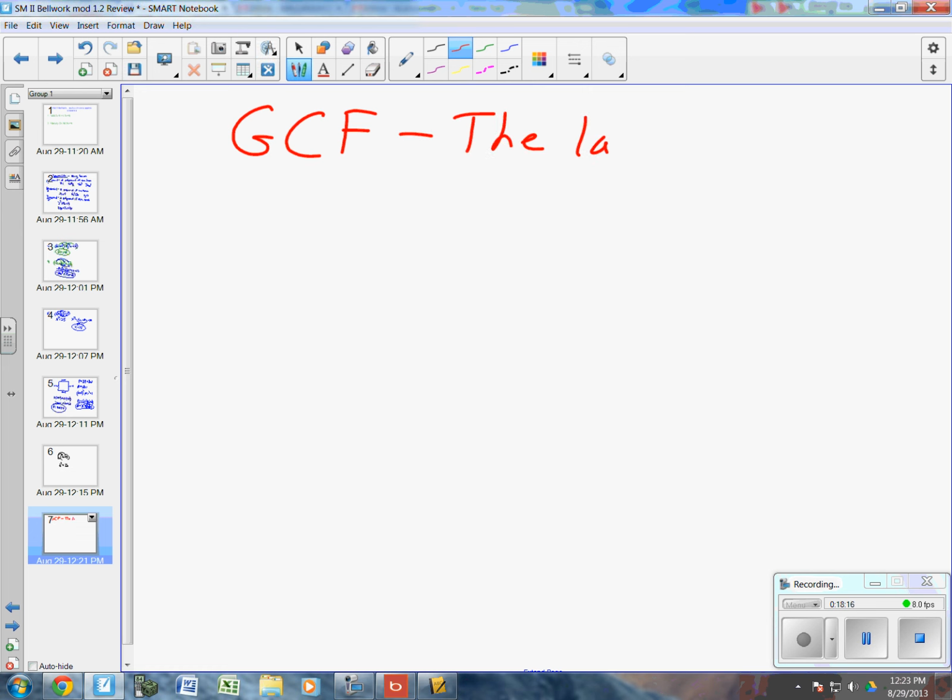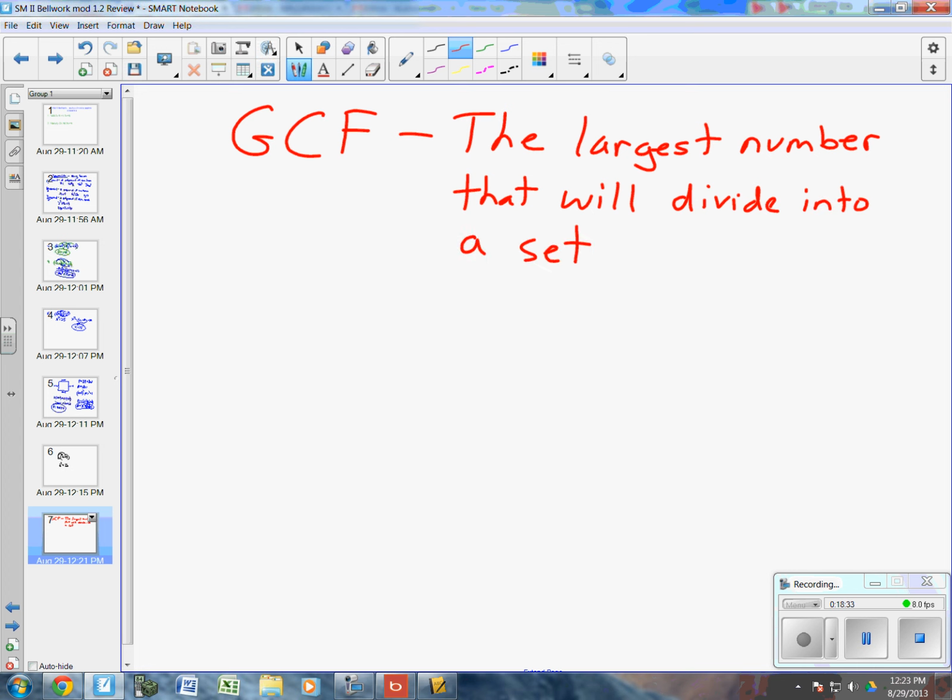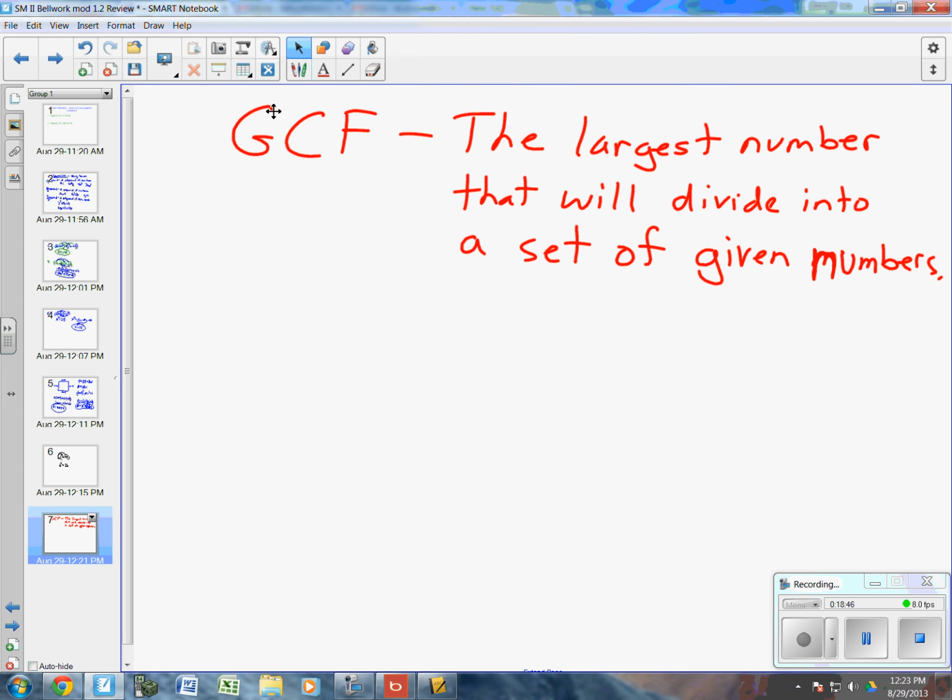The largest number that will divide into a set of given numbers. It's supposed to be an N right there, by the way. The largest number that will divide into a set of given numbers.